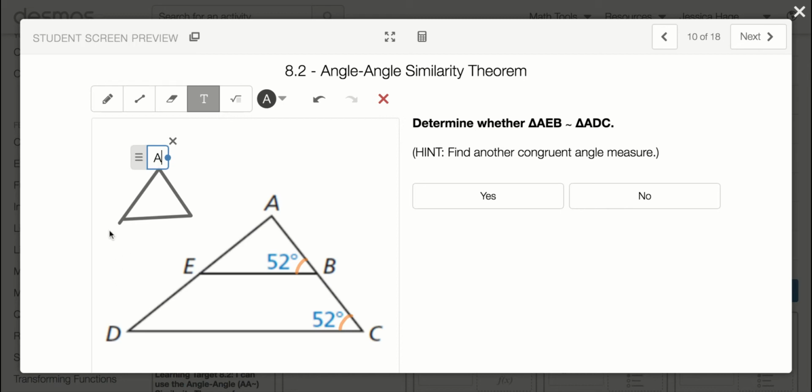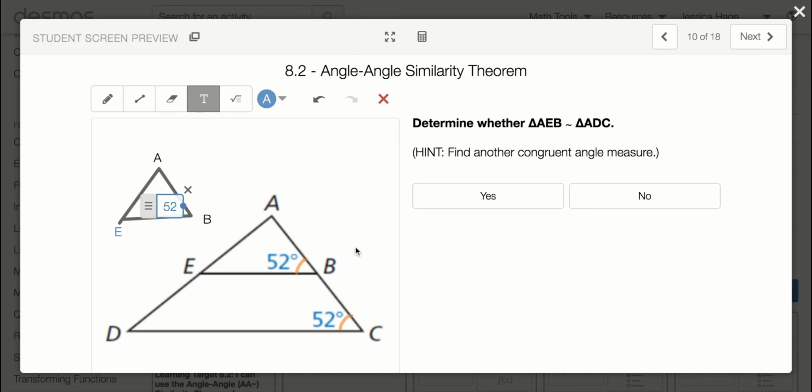So angle A is in both of our triangles. Okay, it's in the larger triangle, ADC, and it's in this smaller triangle that I'm redrawing for you. So we have angle B, and I'm actually going to put that 52 in this one as well, so you guys can see that.